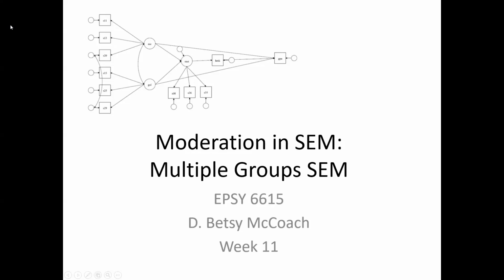So it's going to be math 1 is equal for boys and girls. Math 2 is equal for boys and girls. Math 3 is equal for boys and girls. Math 1, 2, and 3 are not equal to each other. Equal across groups. So you're constraining the error variances to be equal across groups, just like we constrained intercepts to be equal across groups, and we could constrain loadings to be equal across groups. So it's a cross group constraint.